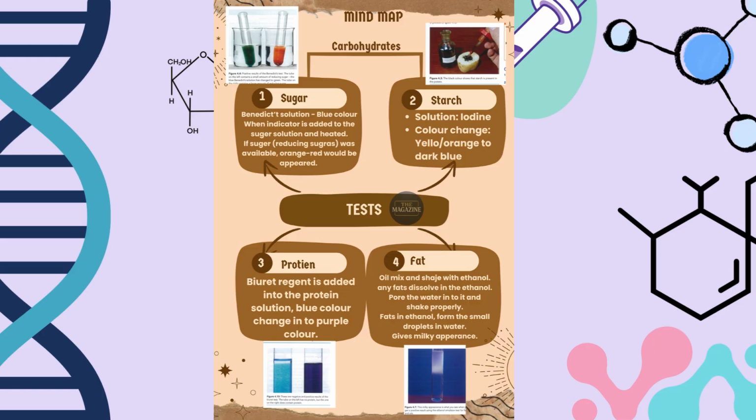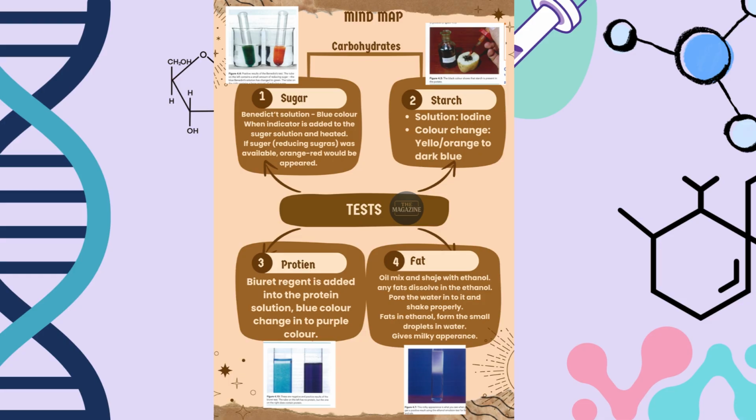For that we need to use an indicator called Benedict's solution. This Benedict's solution is blue in color. When we add it to the reducing sugar solution, we have to heat it.